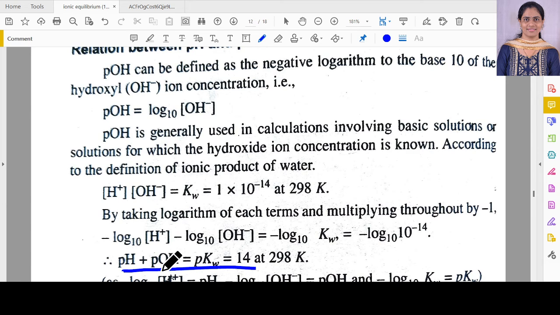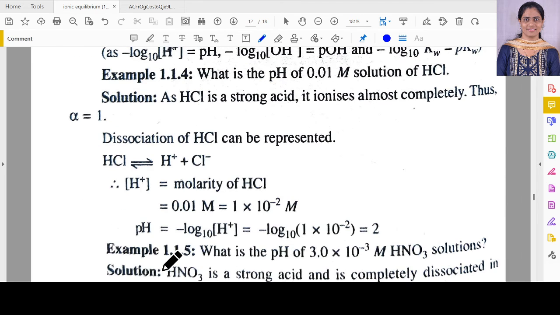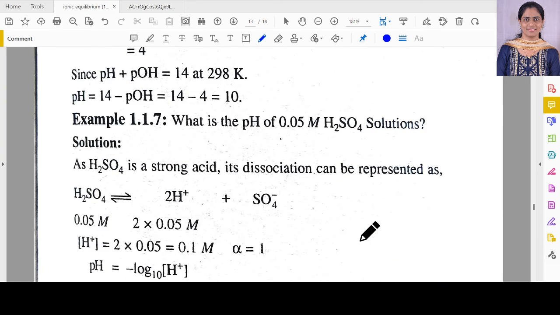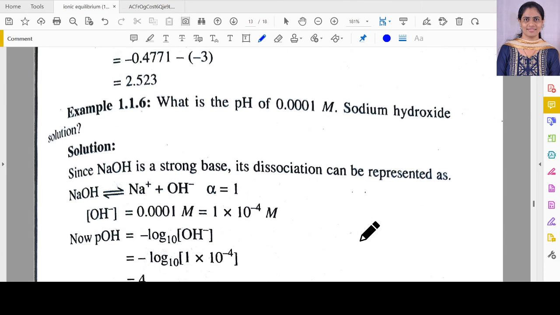From that we have seen very simple calculations of pH. To find the pH of any solution, you have to convert it into 10 raised to power. If 0.01 is given, just convert it into 1 into 10 raised to minus 2, this minus 2 comes in front, so simply 2 will be the pH value. So simple equations we have seen, but take precaution when you calculate for a basic solution.